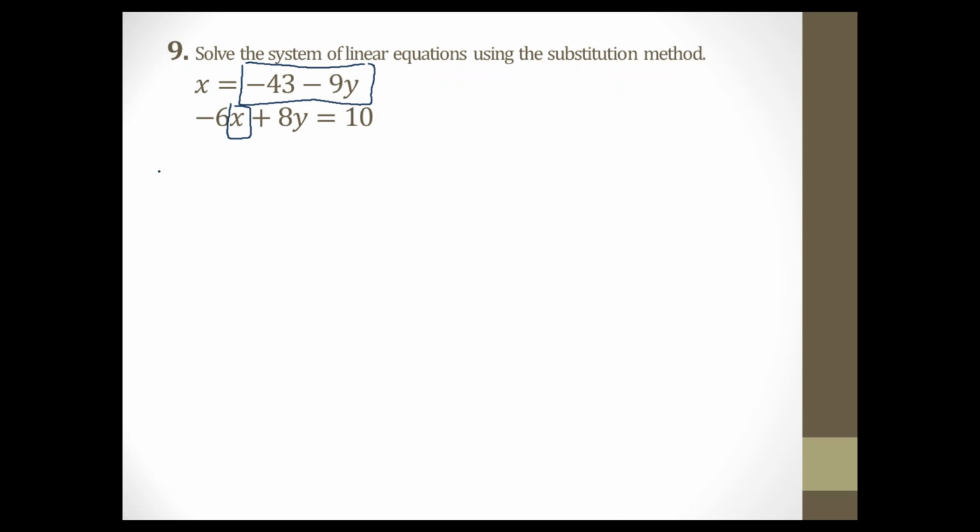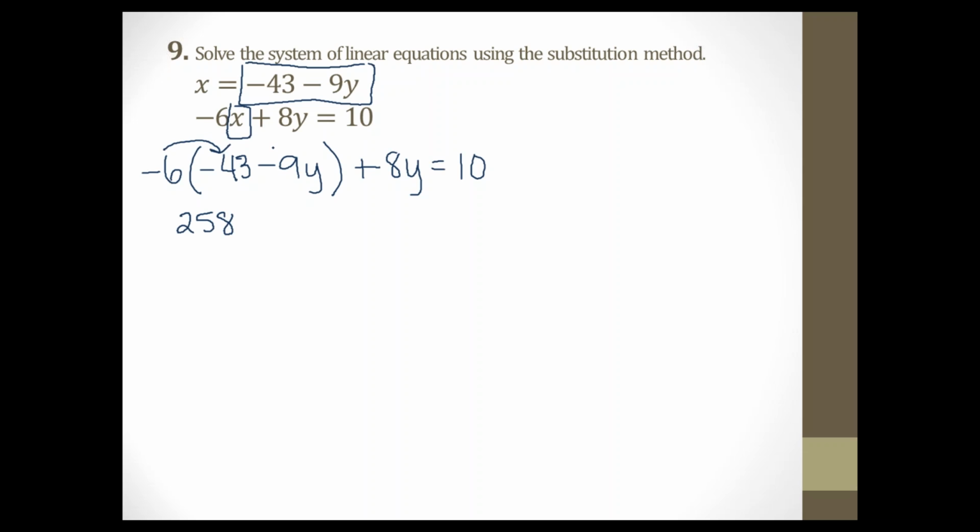I'm going to have negative 6 times negative 43 minus 9y plus 8y equals 10. All right, so I'm just substituting that expression that's set equal to x into the other equation. So I have negative 6 times negative 43 will give you a positive 258.